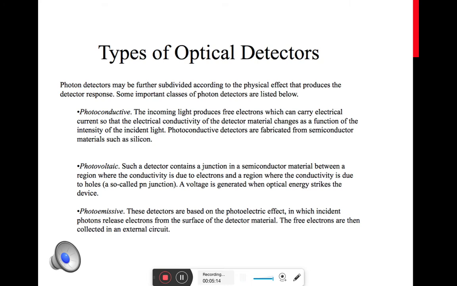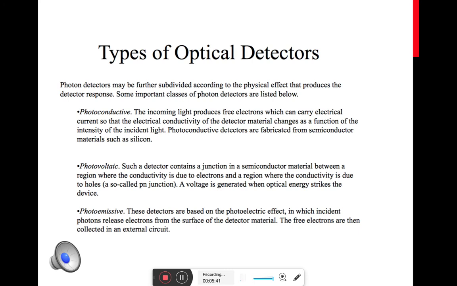In photoconductive, we have the incoming light, and this incoming light produces free electrons, and these free electrons can carry electrical current. So the electrical conductivity of the detector material changes as a function of the incident light.